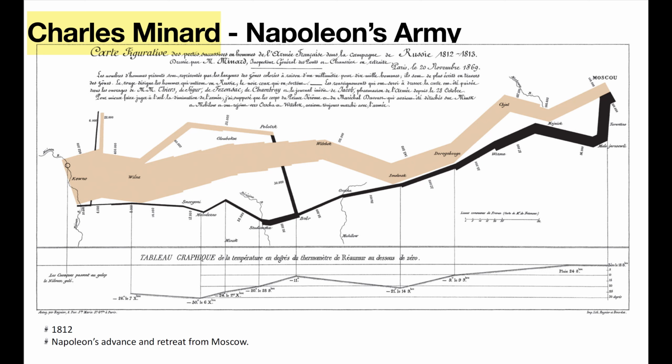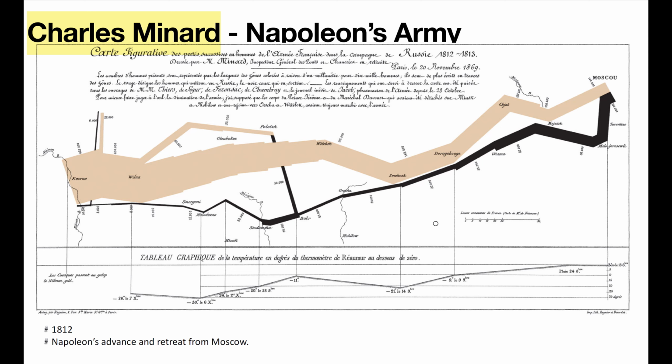Napoleon started out with over 400,000 soldiers in his army, and by the conclusion of the thing, ended up with only 10,000 remaining. So this is a horrific campaign. All right, so this kind of thing is what you want to strive for.